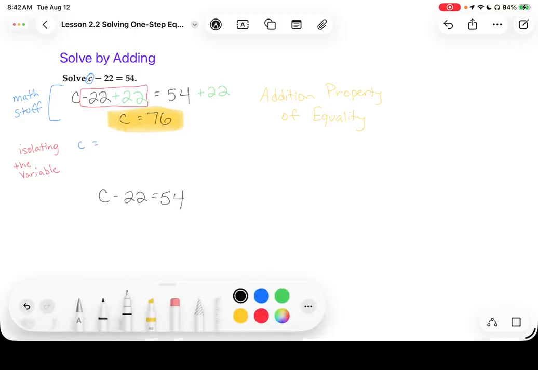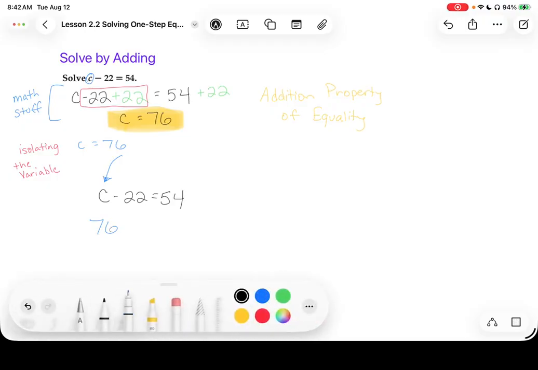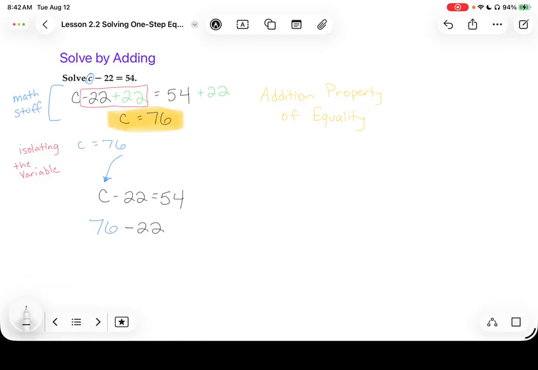I think that c equals 76. Let's find out by substituting 76 in place of c. So 76 minus 22 equals 54. Is that true? Is 76 minus 22 equal to 54? And the answer is yes, it is. 76 minus 22 is in fact 54.